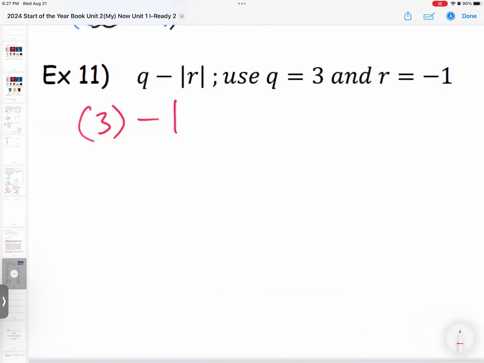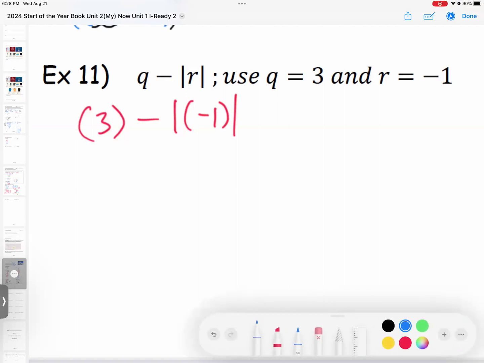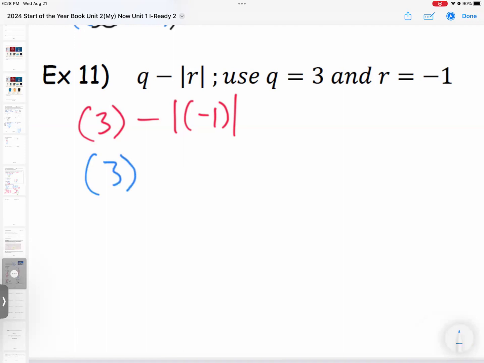I'm literally just dumping these numbers in exactly where they belong. Now, step 2 is where you can start doing some of those GEMDAS operations. So you end up with 3 minus, again, this is seen as a grouping, so it's going to come first. The absolute value of -1 is normal 1.